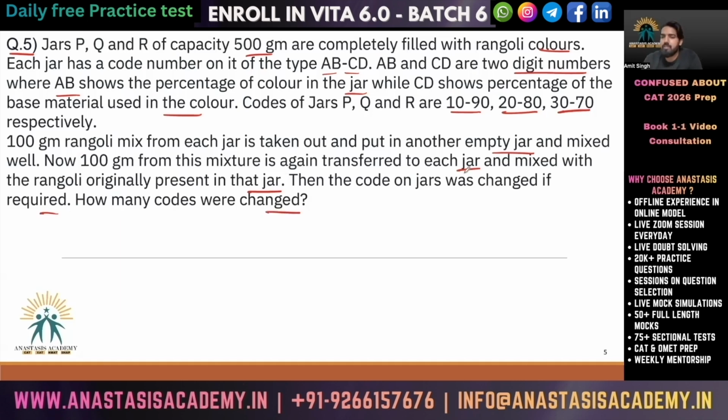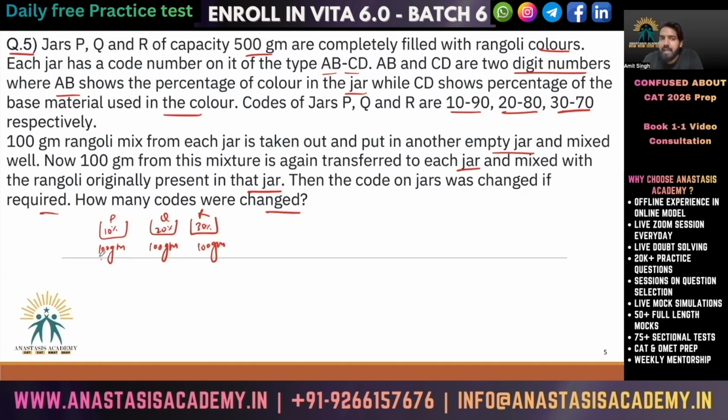Okay. So first of all, I need to find, when I took 100 grams from each of these jars, what is the final concentration, right? So 100 grams of P, 100 grams of Q, and 100 grams of R. And what is the concentration? I'm taking it as 10%, 20%, and 30%, right?